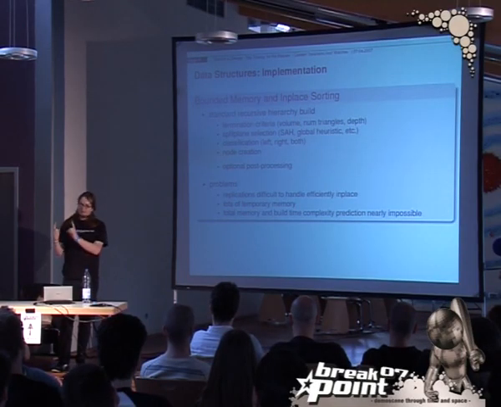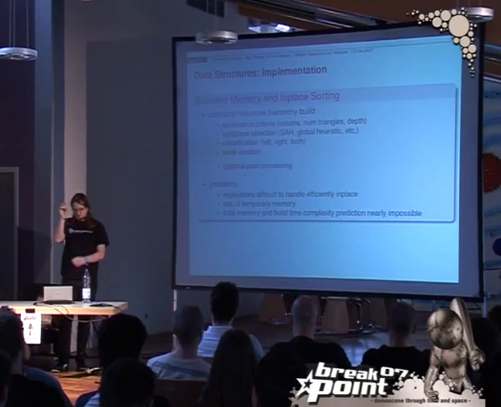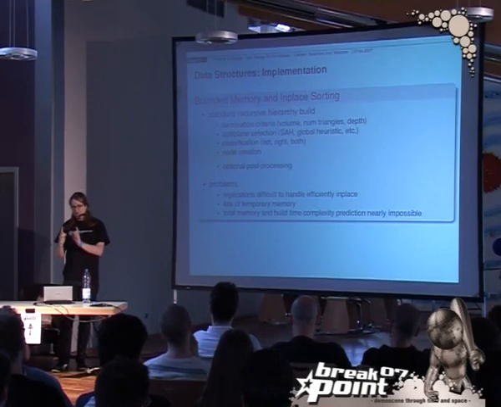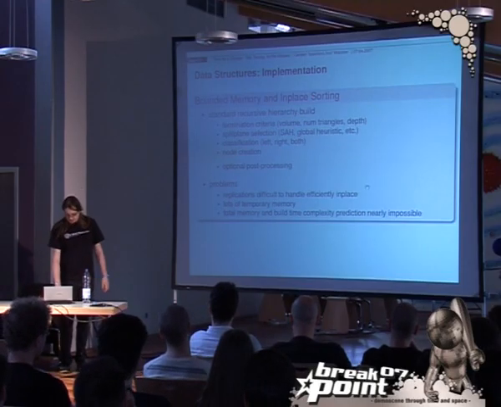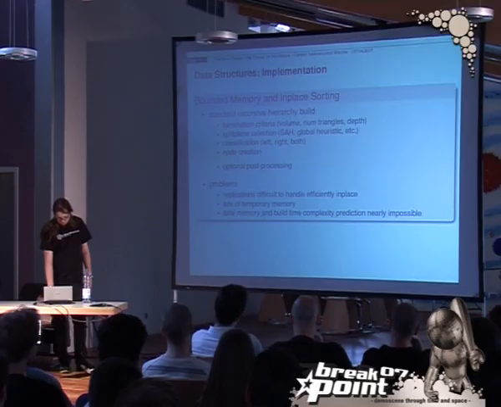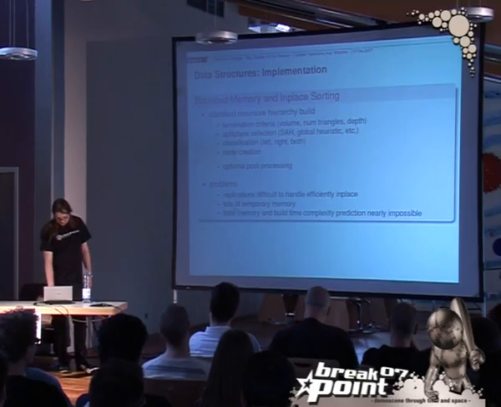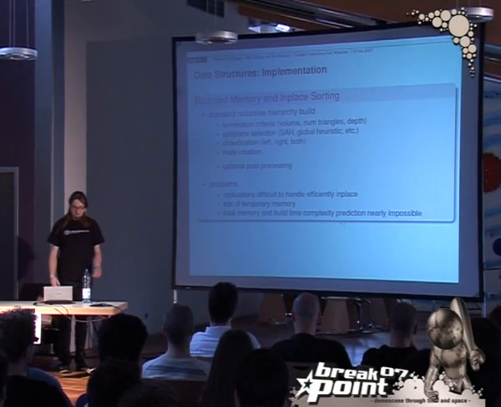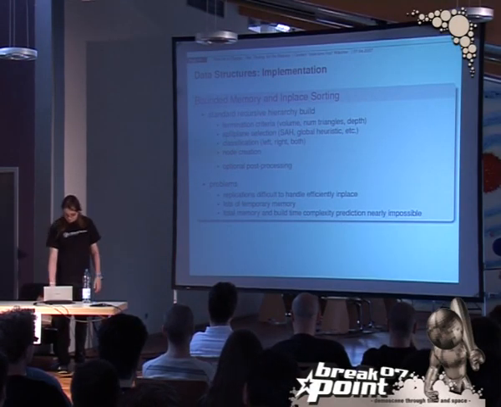And you have to store these on the stack for the right child, because you first do the left subtree, and for the right subtree you also need the doubled items. And this is all very ugly, and you will need lots of temporary memory. Additionally, as I already said, the total memory is totally unpredictable for the KD tree, and resulting from this, the build time complexity is nearly impossible to predict. So you don't know how long it will take to construct a tree.